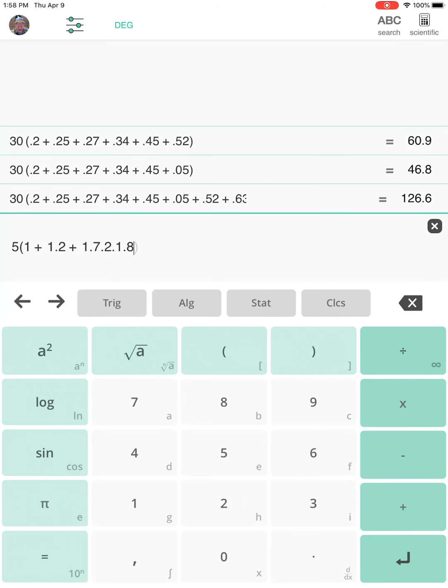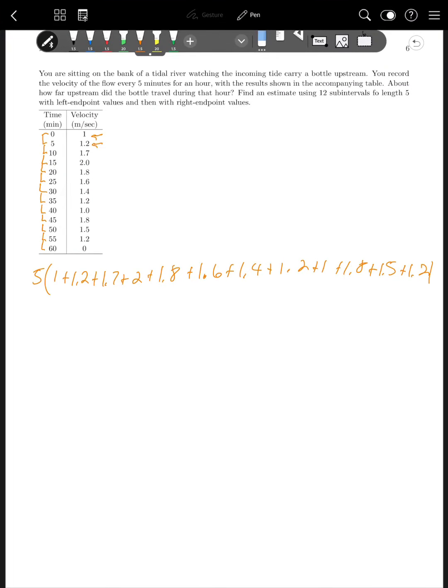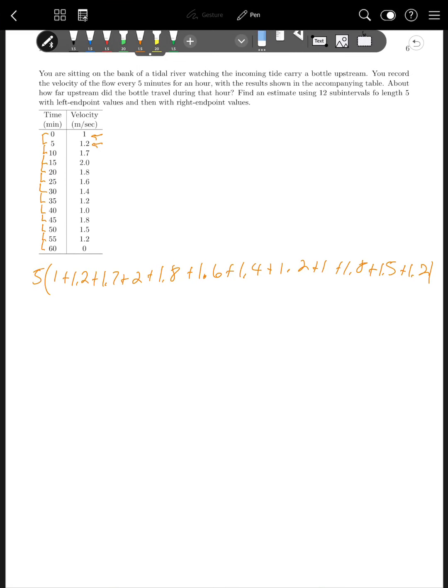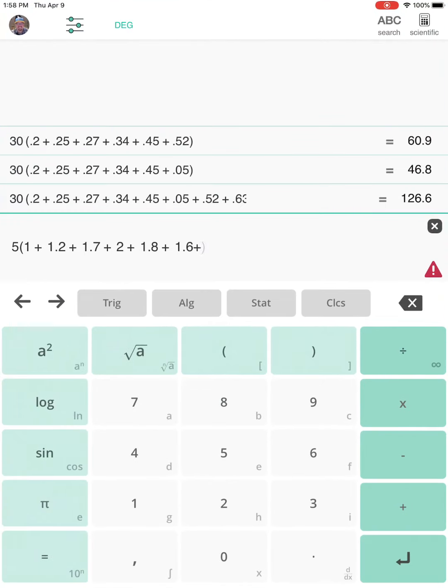So it would be 5 times 1 plus 1.2 plus 1.7, 2.0, 1.8, 1.6, 1.4, 1.2.